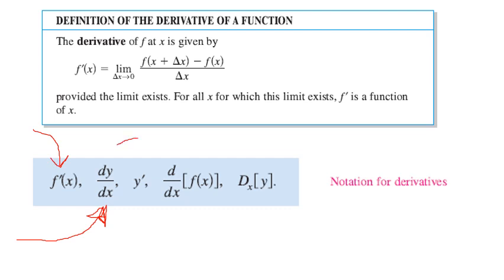It can be called dy dx. It can be called y prime. It can be called d dx of f of x, and it can be called the derivative with respect to x of y. So there are 5 different ways to show the derivative of a function. Remember, all of those mean instantaneous rate of change.